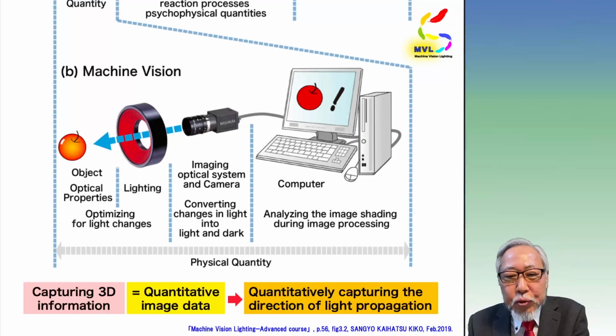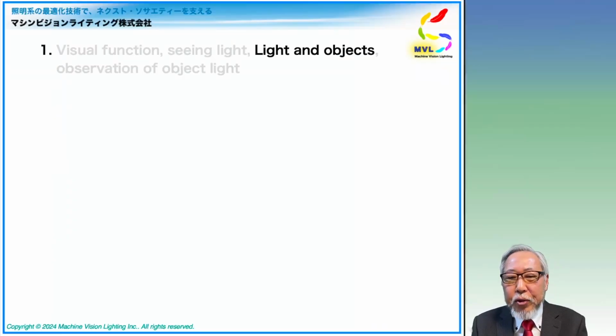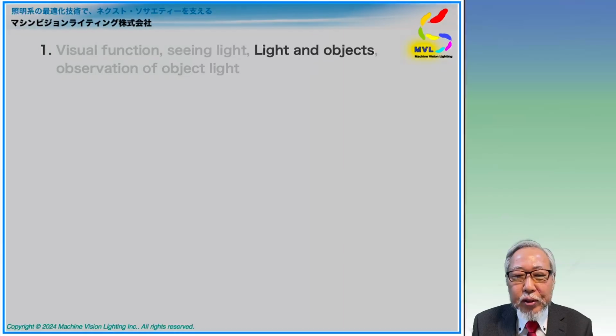If you can't do this, you can't obtain quantitative image data, and then you can't automatically convert 3D information from image data. This means that in order to give a machine a visual function, it is necessary to obtain quantitative image data. Next, regarding lighted objects.